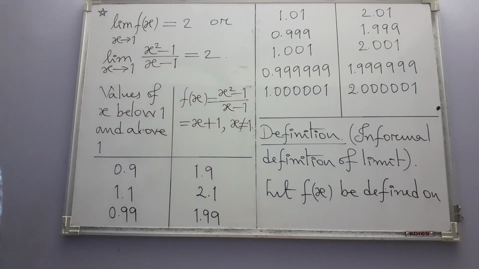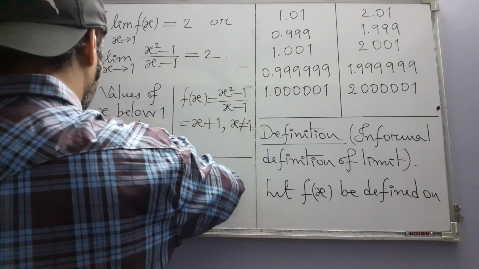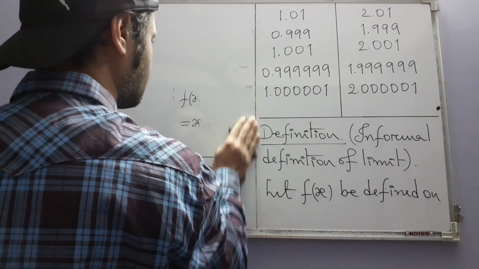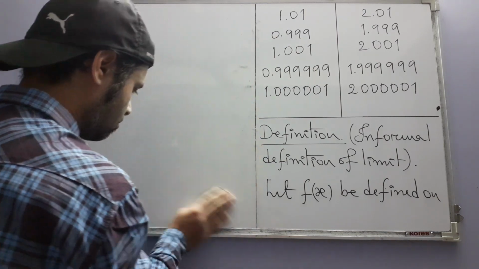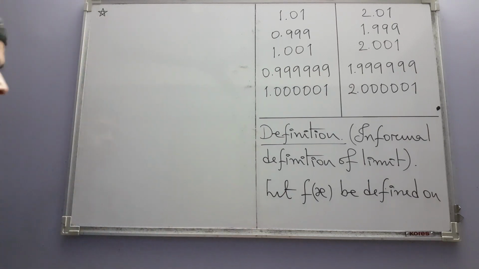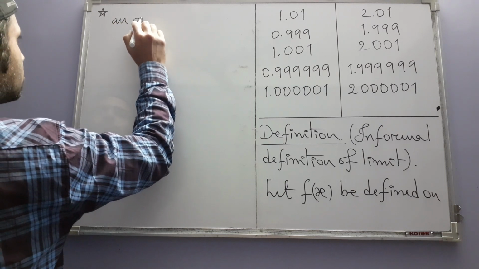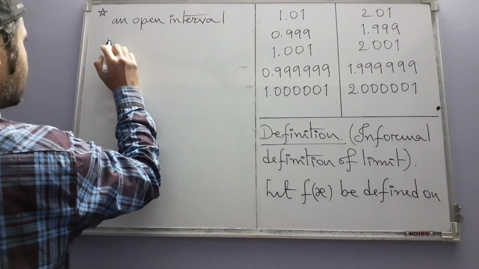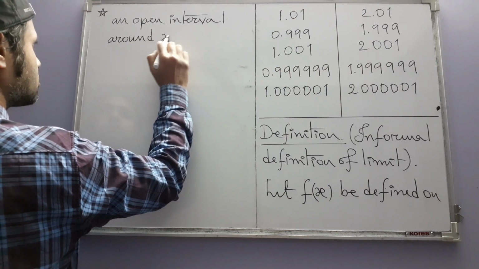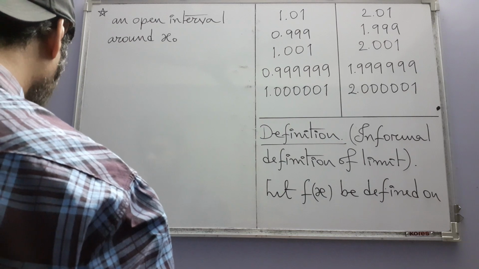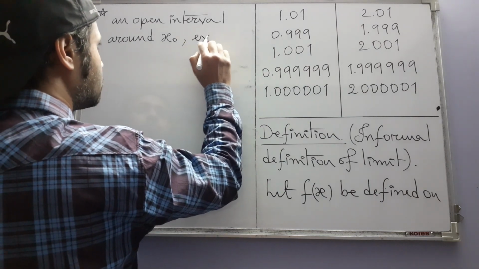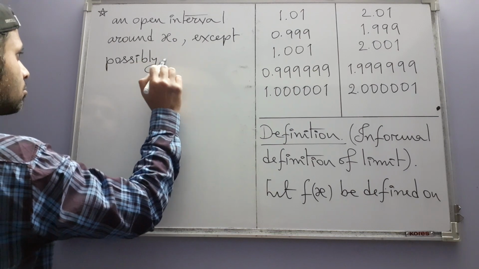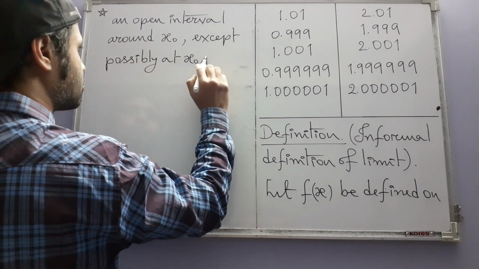on an open interval around some real number x naught, say, except possibly at the point x naught itself.